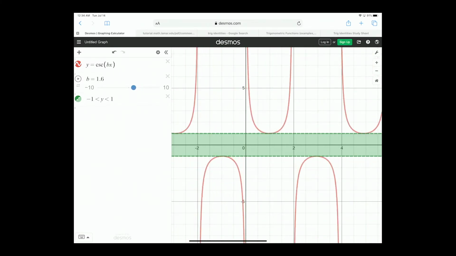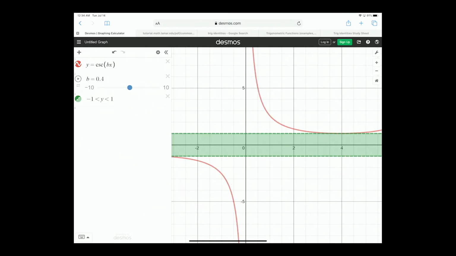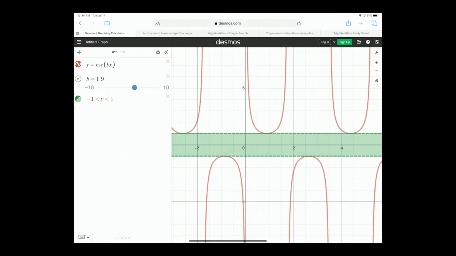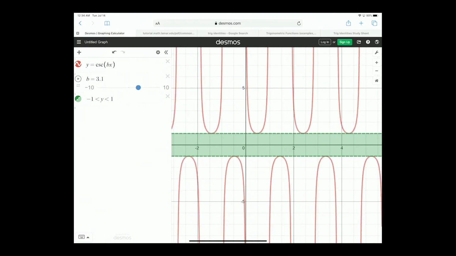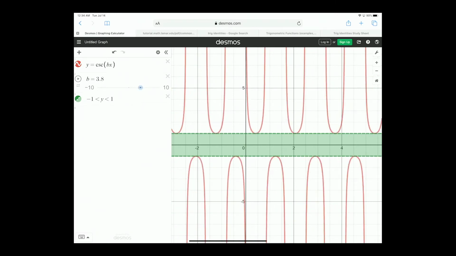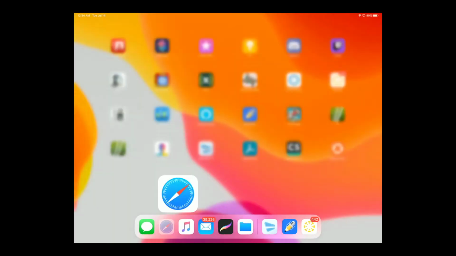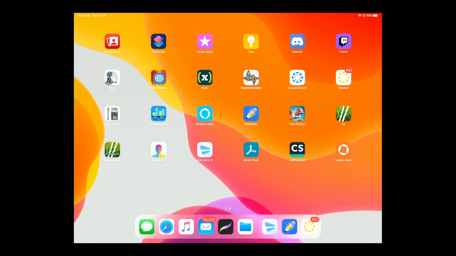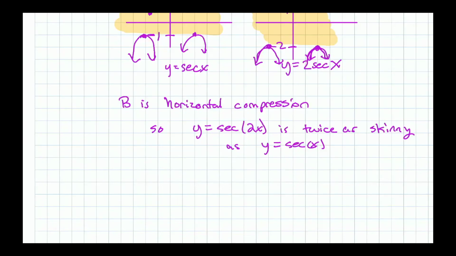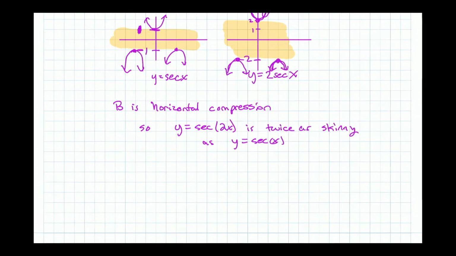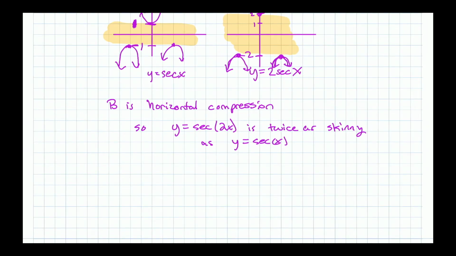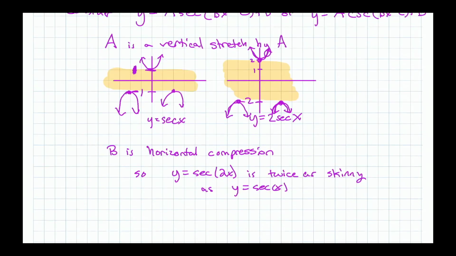If it goes less than 1, the graph starts getting stretched out wider. It's important that you understand that relationship, because when you're graphing these, it's a lot easier to say, oh, it should be twice as skinny, and then move a point on your graph. So that's why I'm saying horizontal compression, think of it that way.